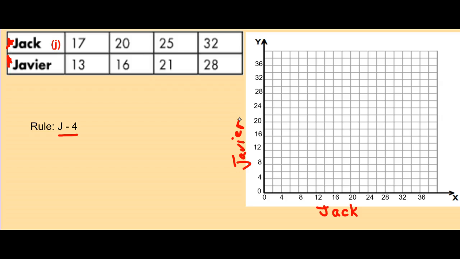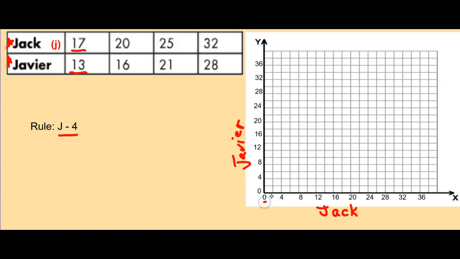Okay, so I already have this graph filled out with a scale from 0 to 36 for Jack and from 0 to 36 for Javier. Now we're going to take the data from the pattern table and graph it. When Jack had 17, Javier had 13. For Jack, I need to go over to 17, and if you look, my scale is 0 to 36, but my interval is 2.